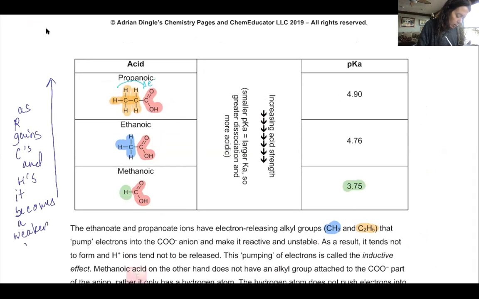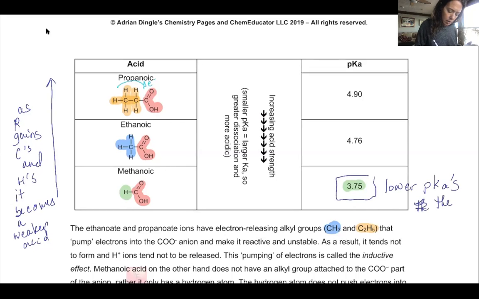That's what we see, because the lower the pKa, am I right there? Yeah. Increasing strength, the higher the Ka. I'm sorry, I was right, but for a minute I thought that doesn't make sense. Yeah, the higher the Ka, the higher the strength. So as the rest of that molecule gains C's and H's, it becomes weaker.